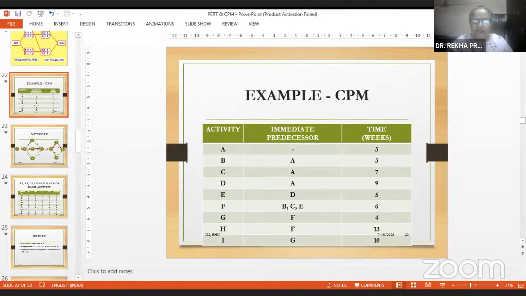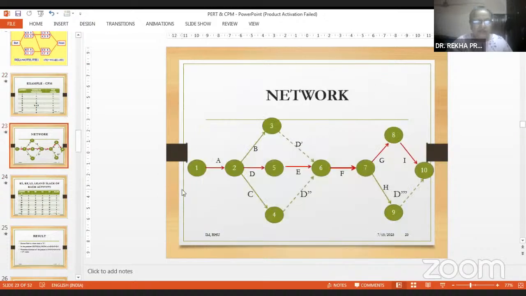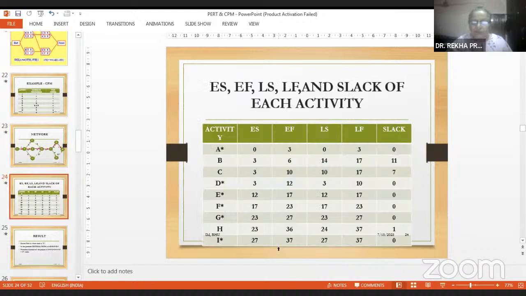You can see from here, E starts when D finishes. So you have to keep on watching the network you have drawn, and then you find the early start and early finish of each activity. Similarly, E will start when D finishes, so 12 is the finish of D and this is the start of E. And then you add the duration to it.